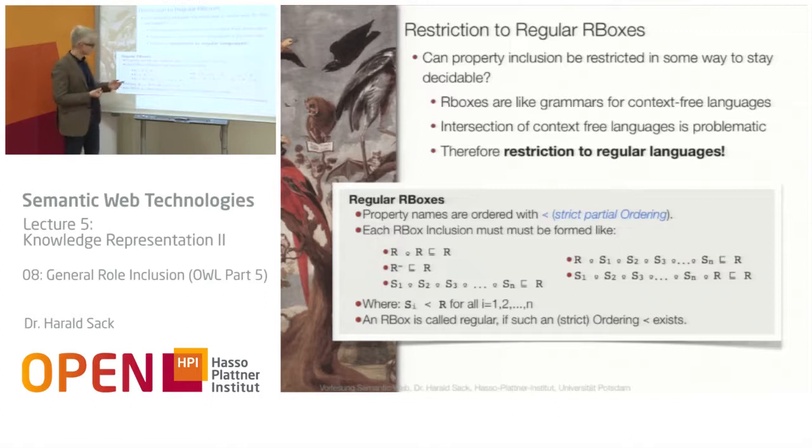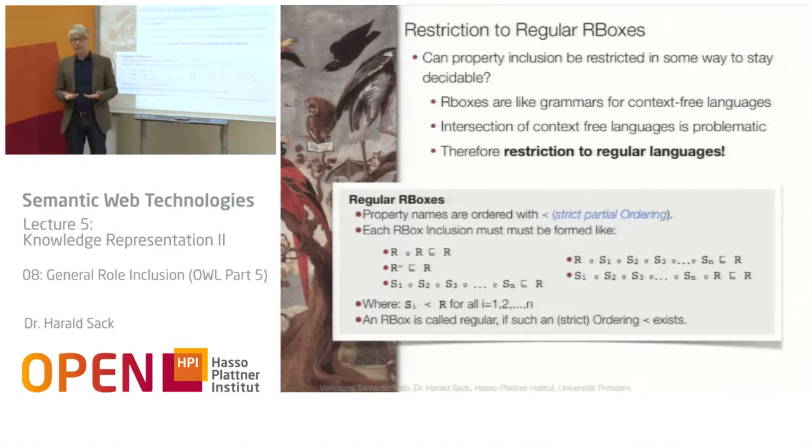And of course, if on both sides of the inclusion sign are not the same roles, so if R does not occur on the other side, then it's also no problem, because then this connection, if S itself is only an atomic role and is not a complex role where R somehow is involved, then this also is a regular RBox rule.